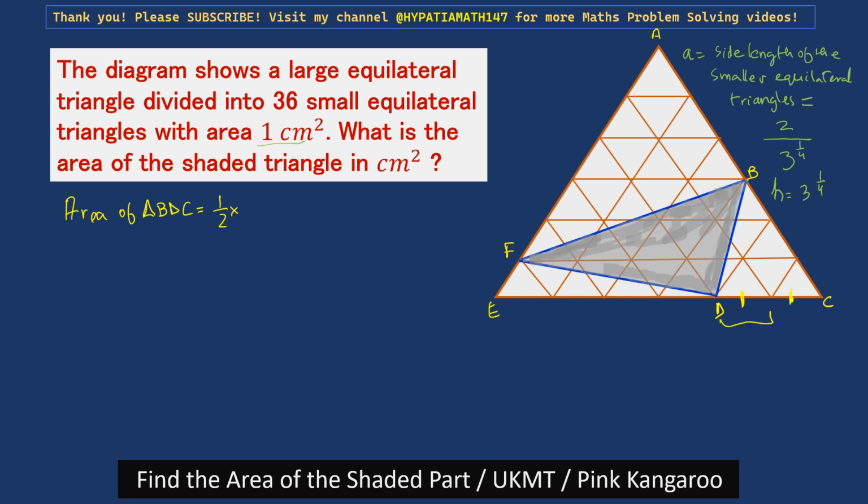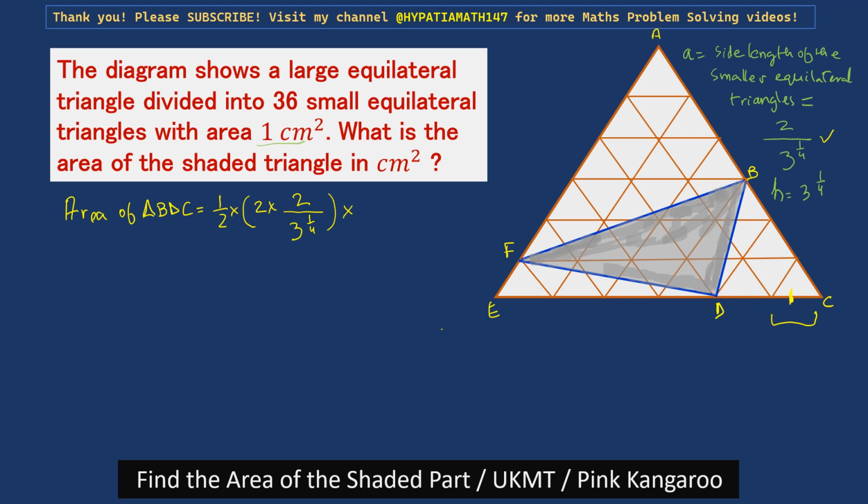So there's 2 of these bases. If I say half times, the base would be 2 times the side A, whatever we got as A, so that would be 2 out of 3 to the power 1 out of 4, and then I need to multiply it with the height.